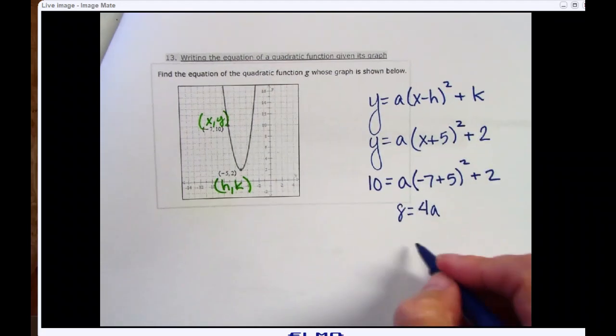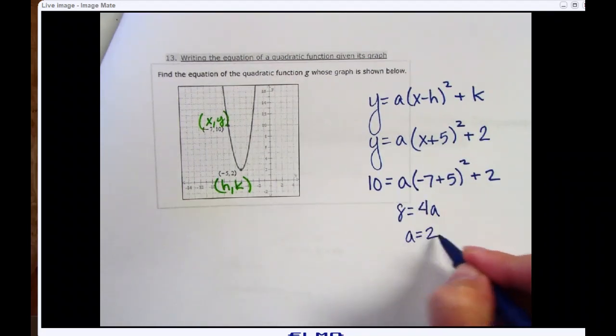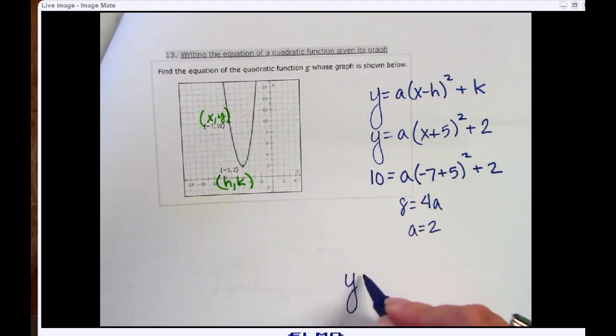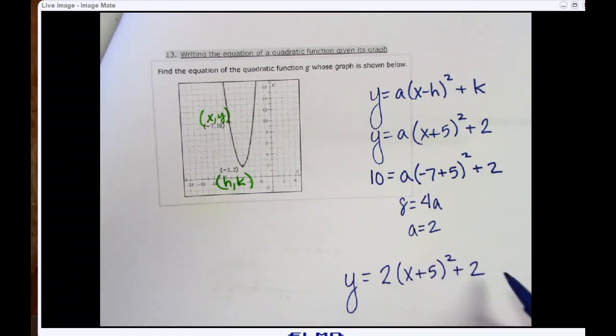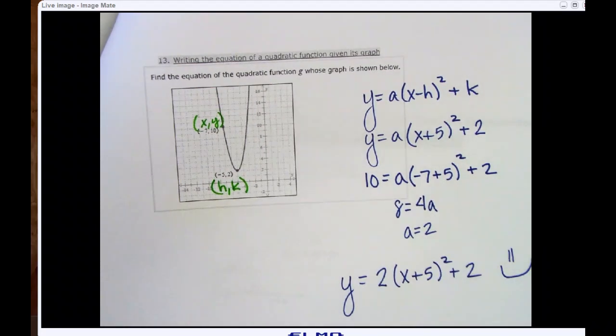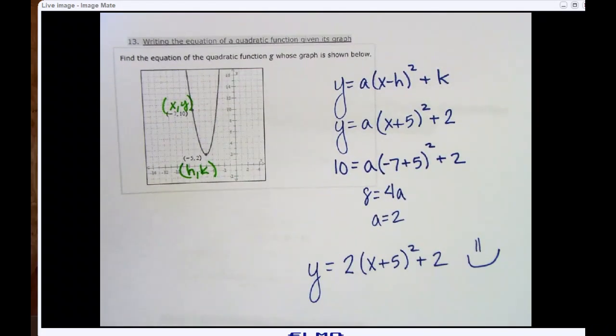So a is 2. Remember, it wanted the equation of our parabola. So there's our a, x minus our h squared plus our k. Lots and lots today.